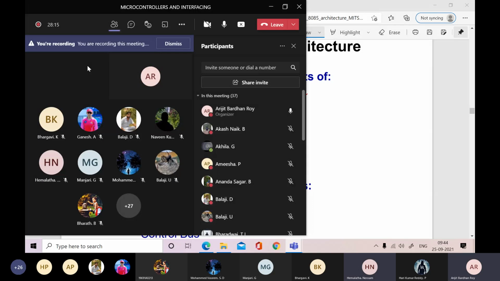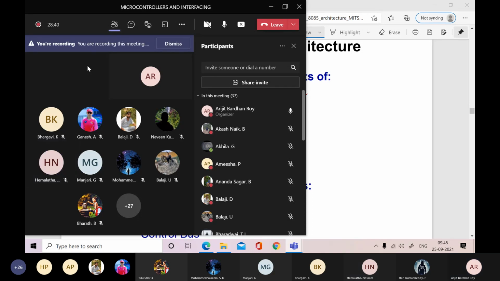Sir, for the computer, there is a keyboard for input. Yes, very good. For the computer, you are using a keyboard. This is one input device. Mouse you are using. It is one input device. An output device? Bhargavi? Monitors. Yes, very good.